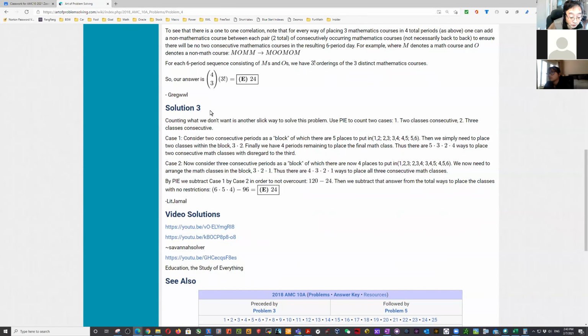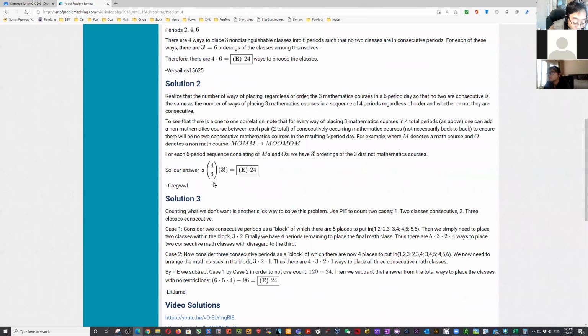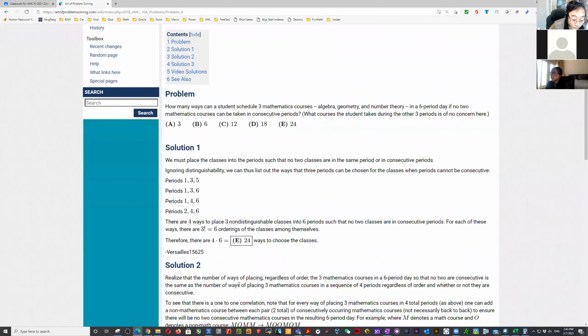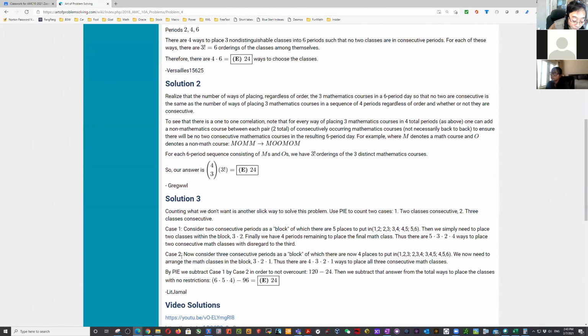For example, solution 3 is absolutely unnecessary. If you are reading those solutions and a solution doesn't make much sense to you, just ignore it. For example, solution 3 on problem 4 is using PIE.